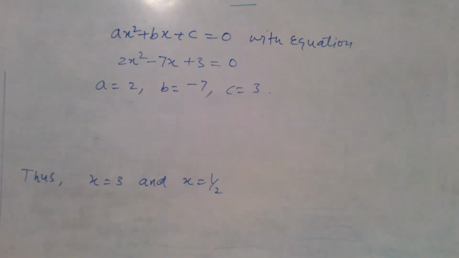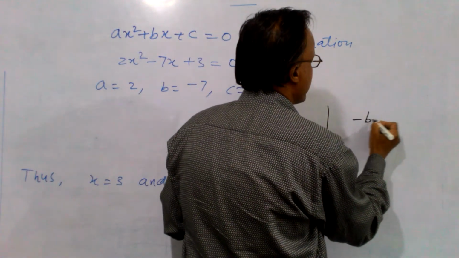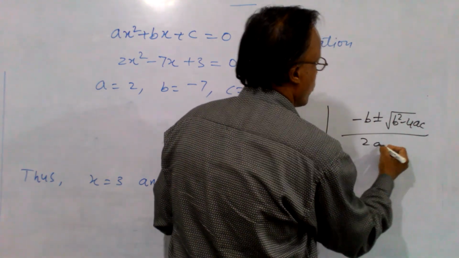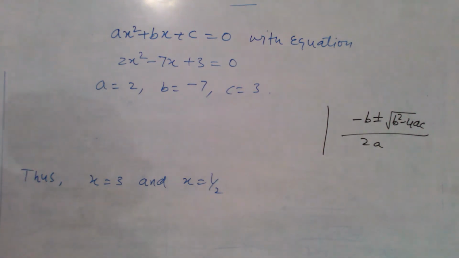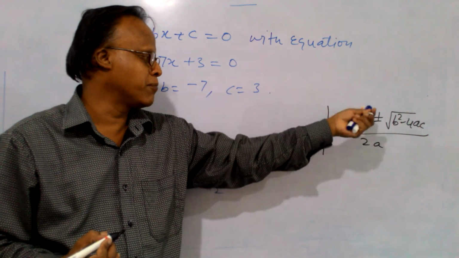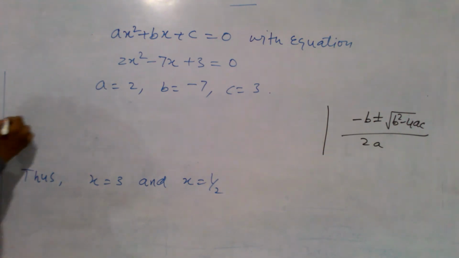Hence, by the Sridhar Acharya quadratic formula, the roots of the given equation are found. What is the formula? The formula is minus b plus minus under root b square minus 4ac upon 2a.